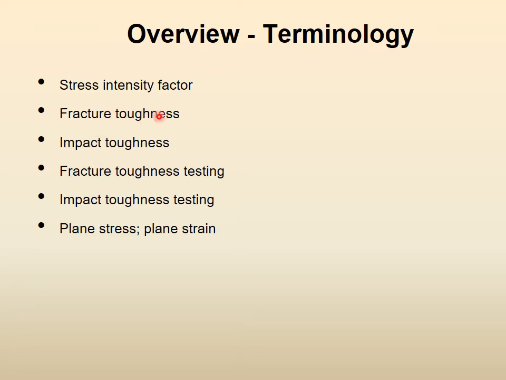Fracture toughness is the general category: resistance of the material to fracture in any type of situation. But if the load is impact loading, then this toughness is called impact toughness, right? Fracture toughness testing, of course, is for the general type of fracture toughness, how do you test it? Impact toughness testing, of course, is for impact toughness, how do you test it?